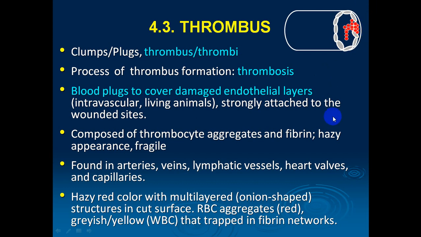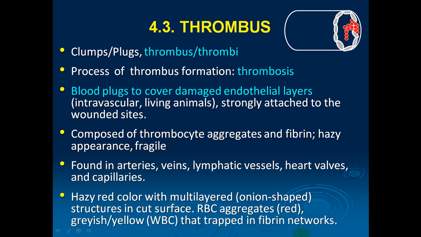It can be found in all types of blood vessels, even in lymphatic vessels. The appearance will be hazy red, and if we cut, there will be multiple layers. We call it onion shape, and there will be red color because there are aggregates of red blood cells, or a bit yellow if there are aggregates of white blood cells trapped in the fibrin network.